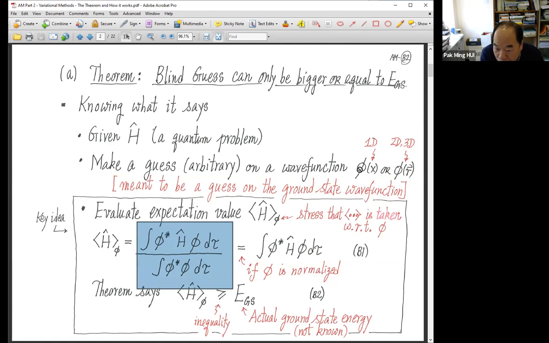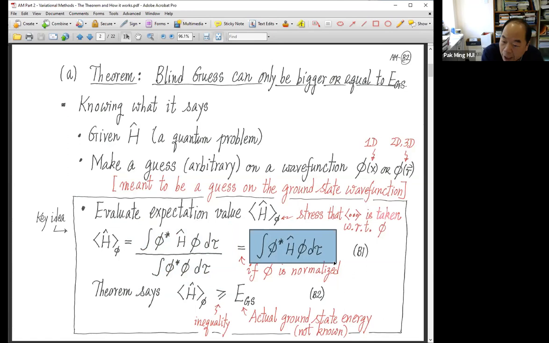If your wave function, your guess, is not normalized, then you need to do the normalization integral as well, and this combination will give you the energy expectation value. If it is normalized, the denominator is 1, so you don't need the denominator, you are left with the numerator.